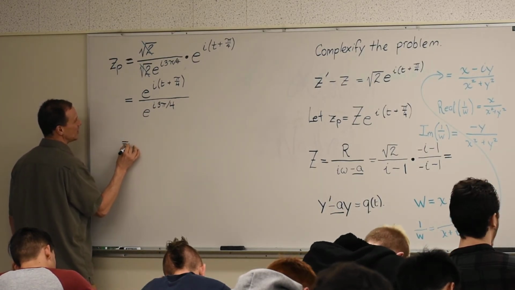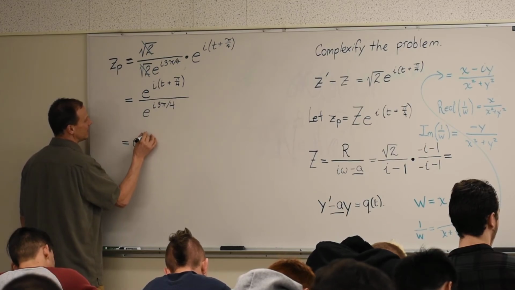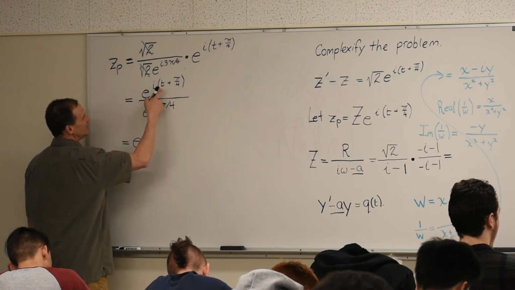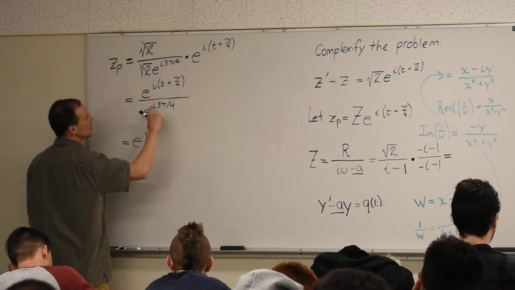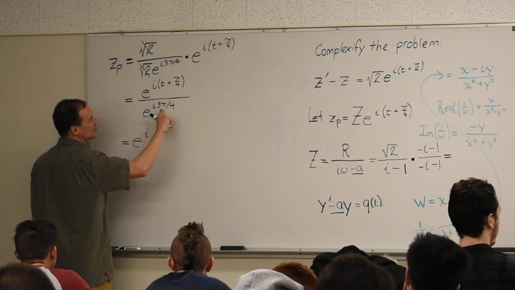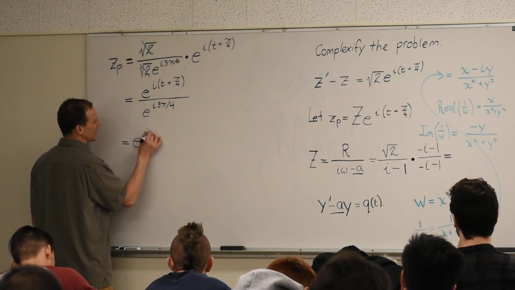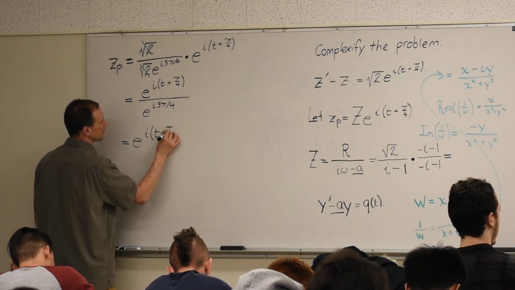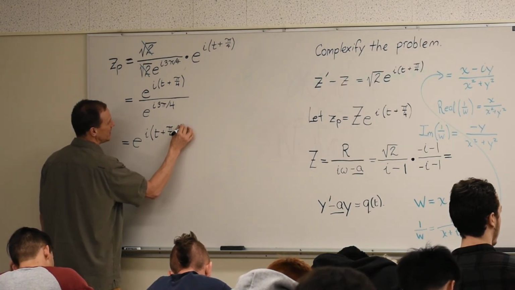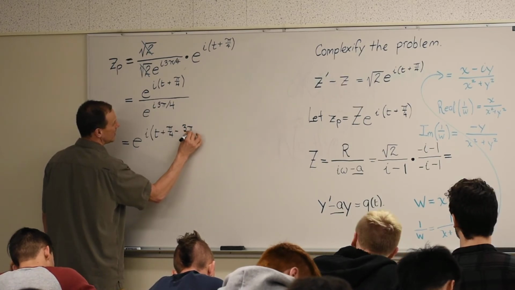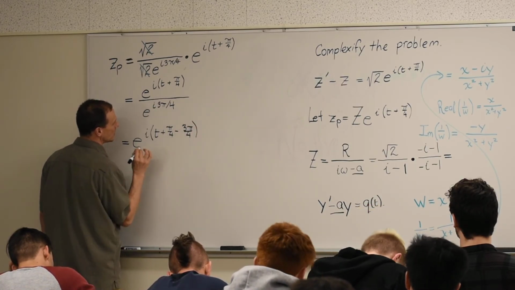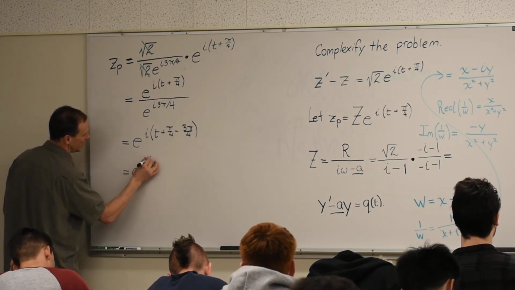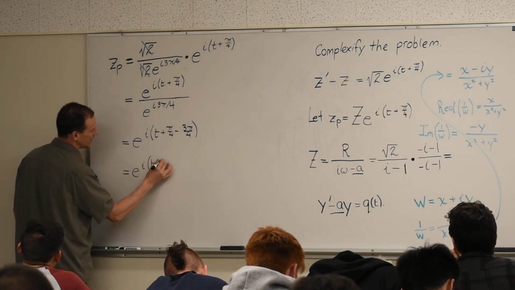So this becomes e raised to the i, t plus pi over 4 minus 3 pi over 4. So this whole thing cleans up: e raised to the i, t minus pi over 2.